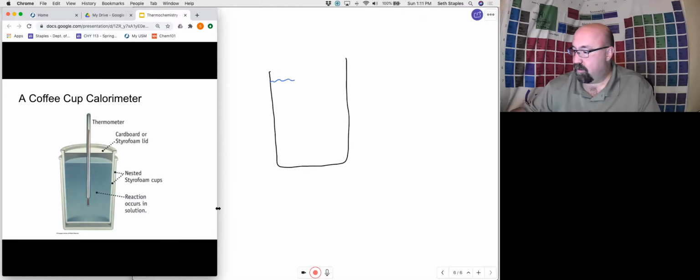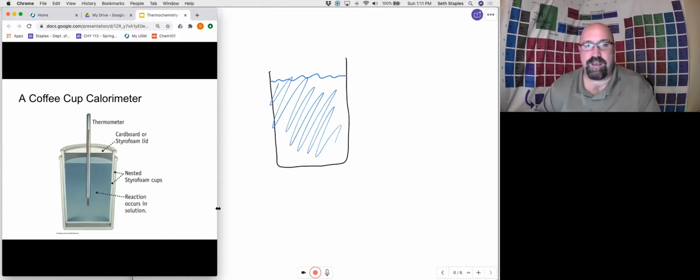So here's our calorimeter with our water in there, and with a thermometer down in here, so we can measure any temperature changes. But then let's say we run a reaction. So here we have a reaction happening in our water.